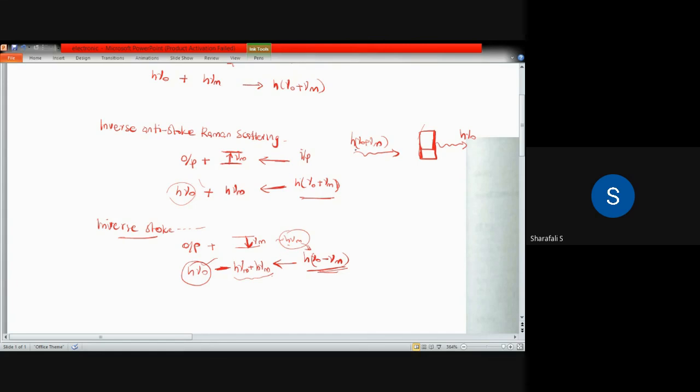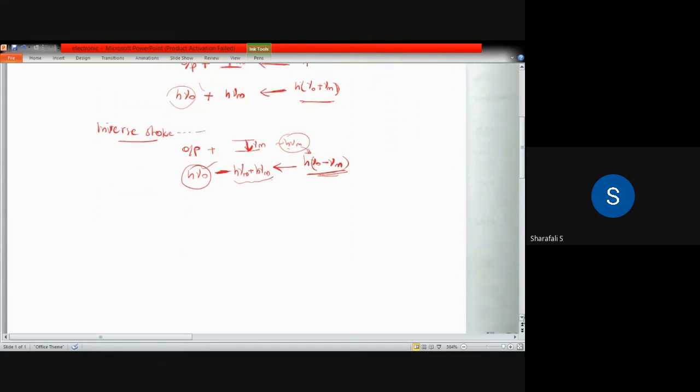And there are two essential conditions for this. This is not that important, but you have to remember. There are two essential requirements for inverse Raman scattering. The first one is the simultaneous irradiation of the sample with a giant laser beam, because we need very high intensity here also.